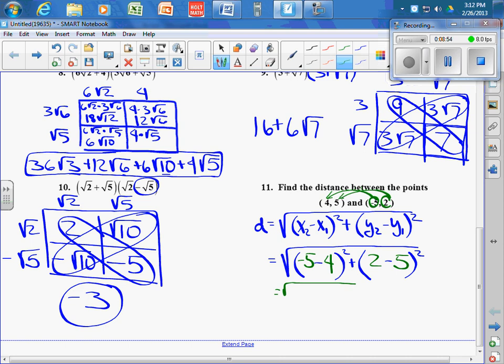Negative 5 minus 4 is negative 9. Negative 9 squared is 81. Plus 2 minus 5 is negative 3. Negative 3 squared is positive 9. So I'm talking about the square root of 90. Simplifying this, we have 3 radical 10.